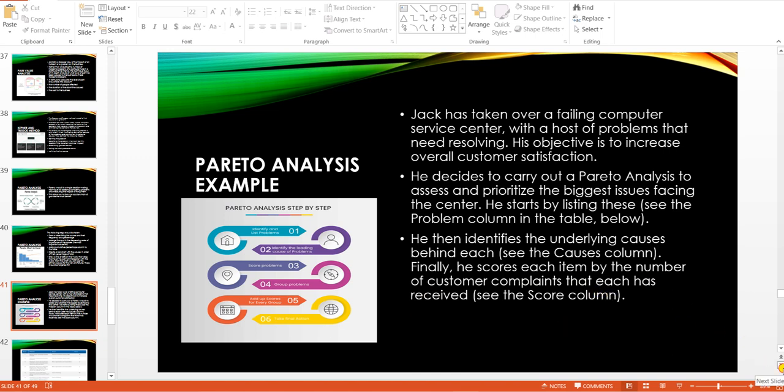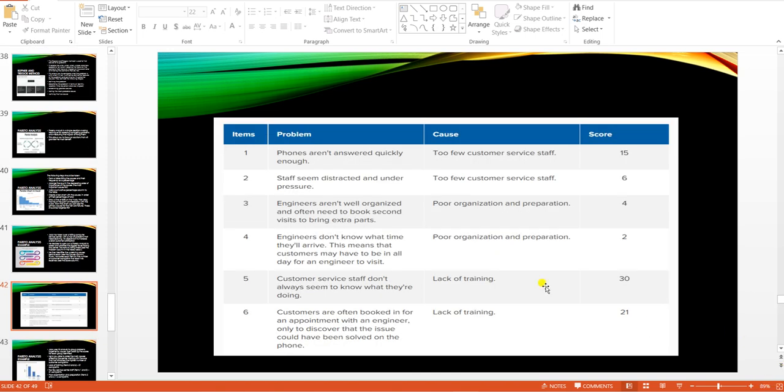So as we can see on the next slide, we've got items in terms of the problems that he encountered, and the causes and the score. For item number one, the problem is that the phones aren't answered quickly enough. The cause is too few customer service staff, and the score is about 15. The second problem is that the staff seem distracted and under pressure.